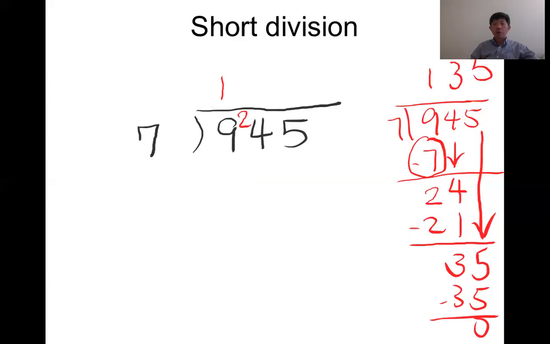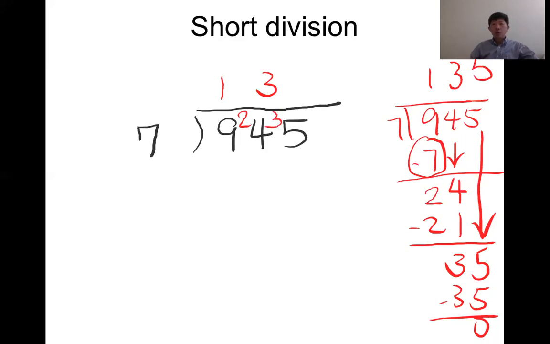Now we have 24 divided by 7. Mental computation: what's the number we can fill in? It's 3, 3 times 7 is 21. And 24 minus 21 is 3, so we put 3 right here.